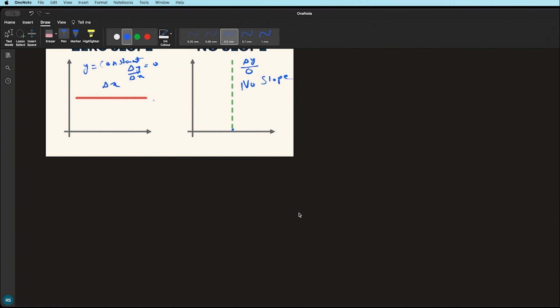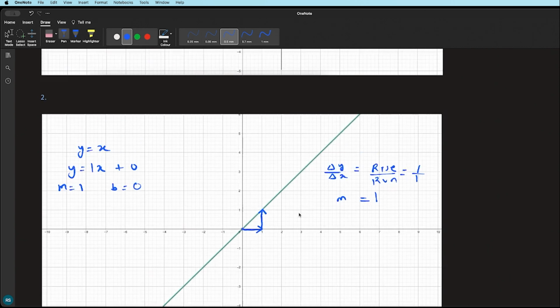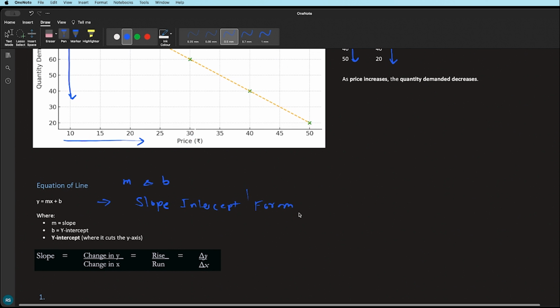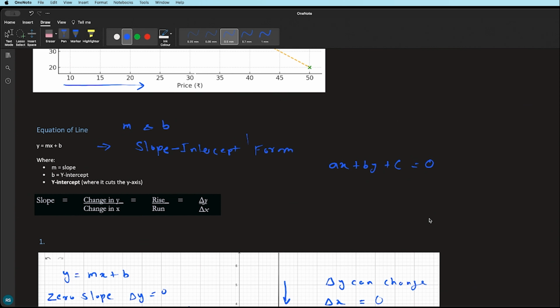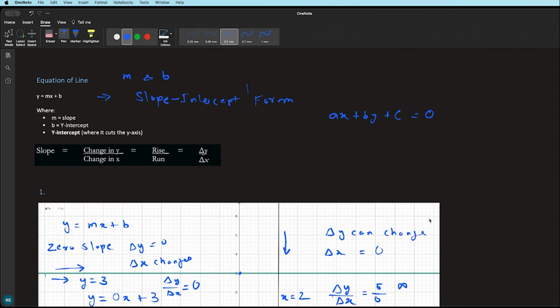One last thing that I want to explain is that this equation is called the slope intercept form, as I told you earlier. But there is another normal equation of the line, which is written as ax plus by plus c equal to 0. Let me pick an equation that we have studied so far.